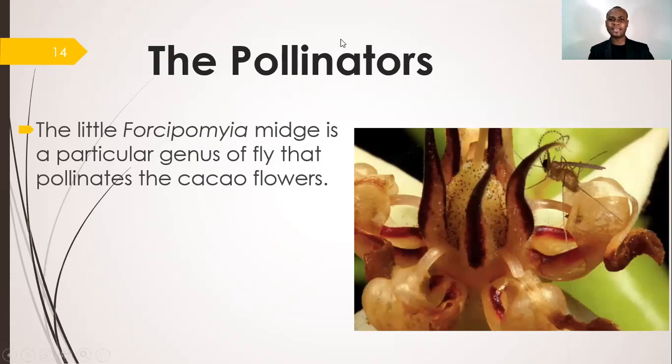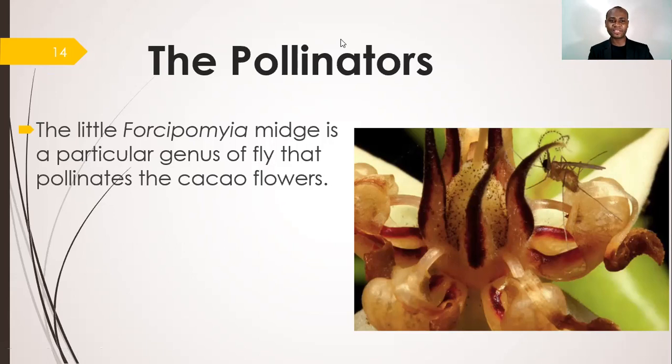Okay, so now let's talk about the pollinators. So what pollinates cacao farms? Most people think honeybees and some other insects pollinate cacao, but that is not the case. It's not true. There is only one insect that pollinates cacao, okay?